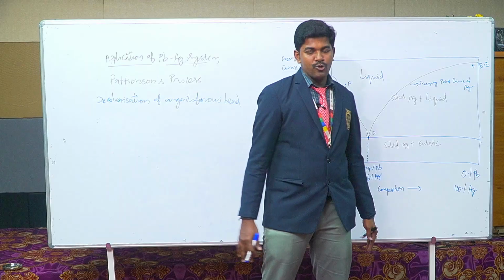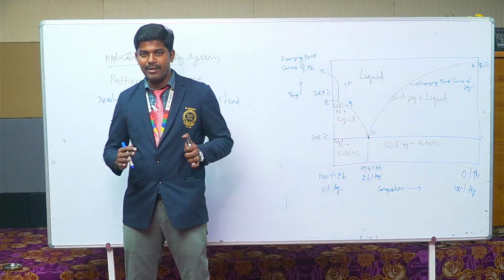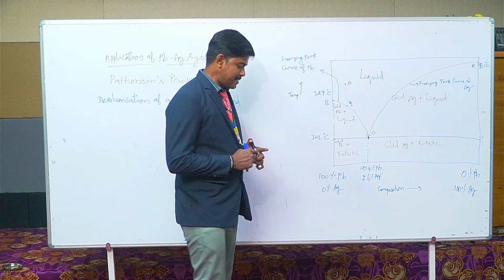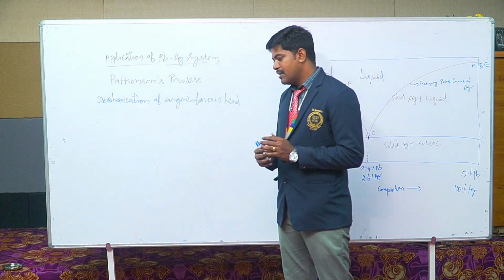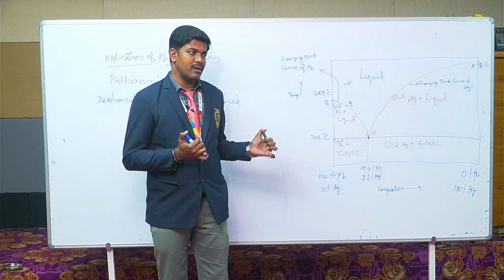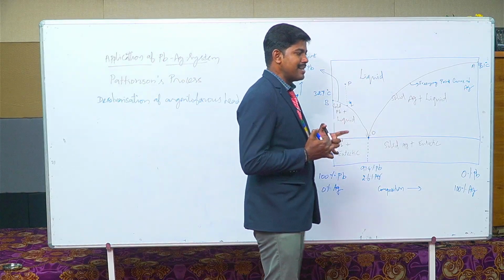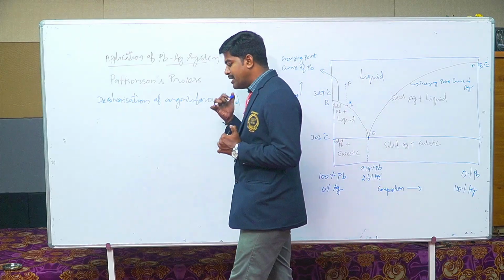Now I can conclude this lecture. Initially we started with the basic terms, a little elaborated, because to understand the lead silver system you should be strong in the concepts and the terms involved.